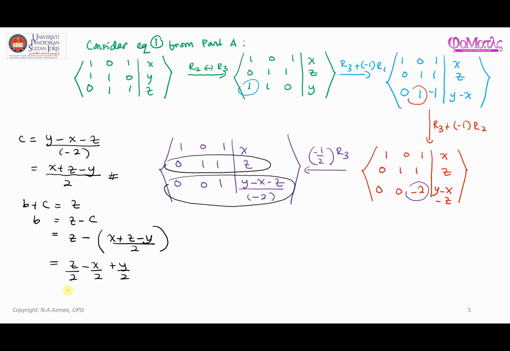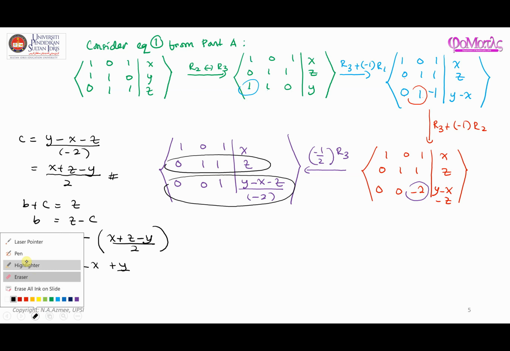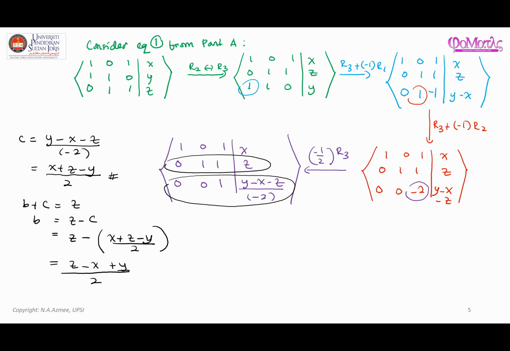And that can be simplified as z minus x plus y over 2. Okay, so that's the value of B. Next is this one here. So here we have A plus C is equal to x.